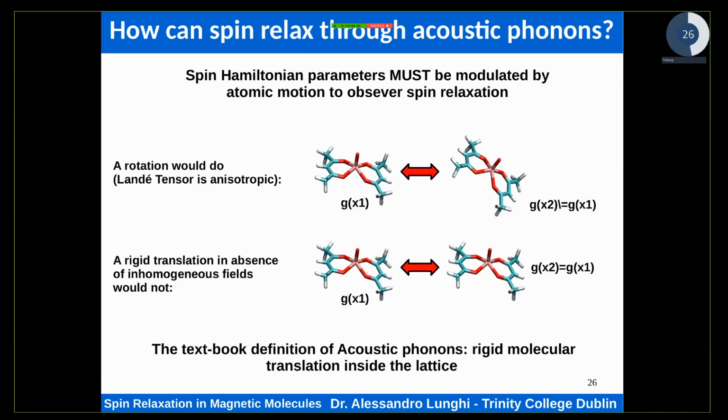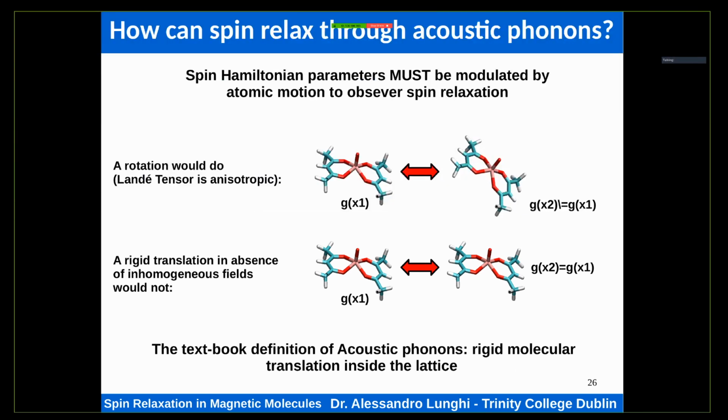Before going to the next slide, I just want to recap what spin-phonon coupling can arise from. We have seen that spin-phonon coupling arises from the modulation of the spin Hamiltonian coefficients by the atomic motion. For instance, if you have a molecule and the molecule gets distorted for some reason, the spin Hamiltonian is going to change because the crystal field felt by the electrons is going to be different, and this gives a spin-phonon coupling coefficient.